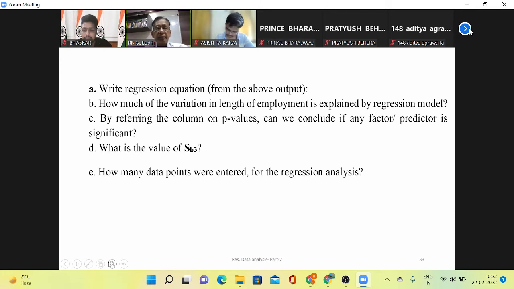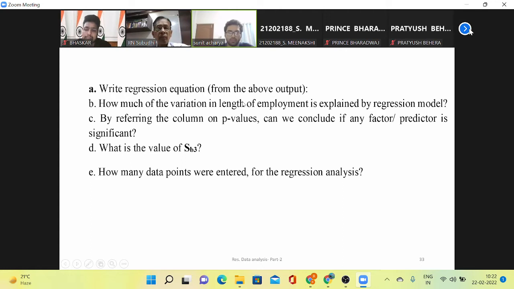Meenakshi, you are there? Roll number 188. Yes, sir. What is the meaning of second bit and what is your answer? So we have to check the value of R square. You have taken a screenshot or not? Yes, I have taken. Anybody by chance had noted down? 44.5%, 0.445.